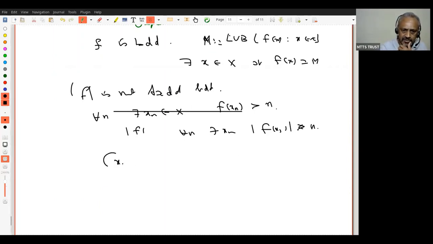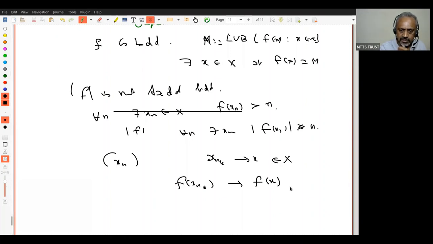Now I have a sequence x_n. So what do I know? By the third characterization, right? Yeah, there exists a subsequence x_{n_k} which converges to x in X. Now f is continuous. Therefore, what do I know? f(x_{n_k}) must converge to f(x) because of continuity. But that would mean this sequence f(x_{n_k}) must be bounded.